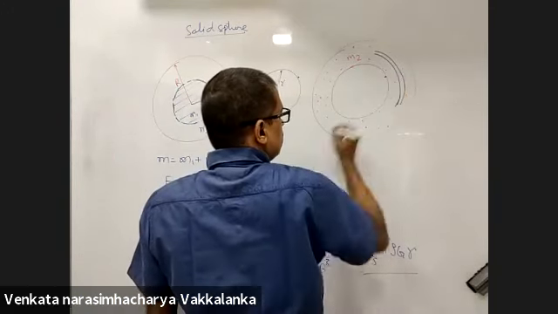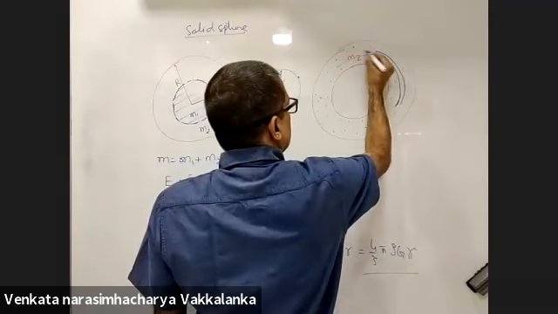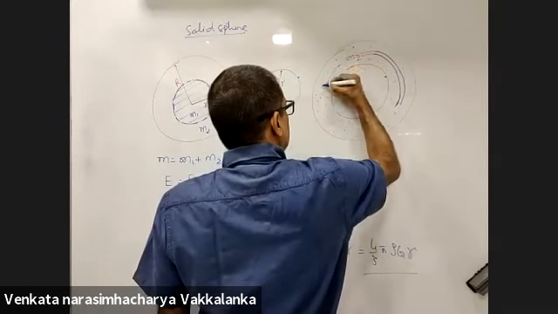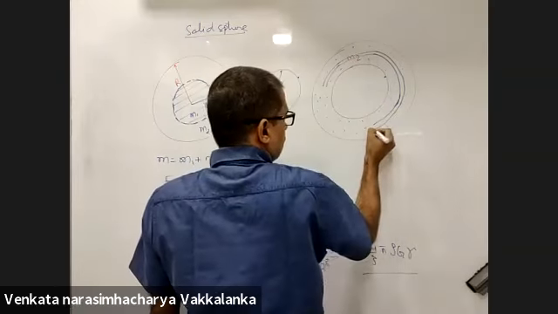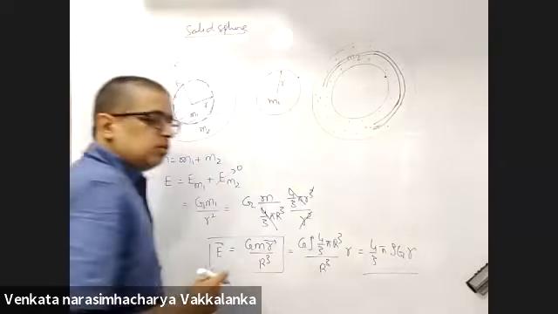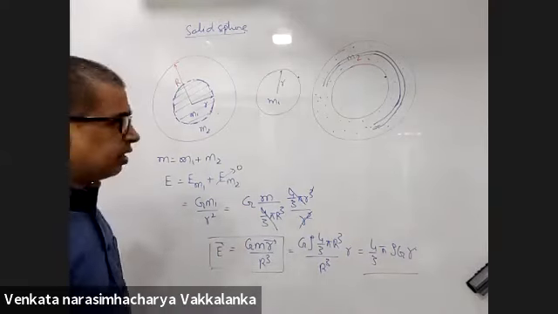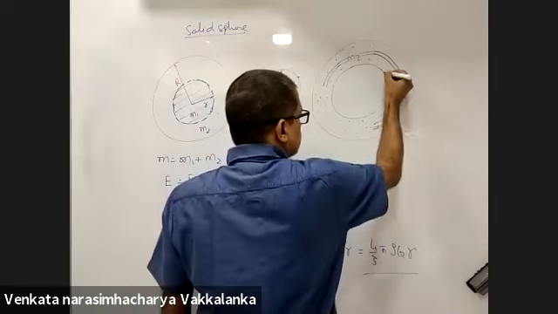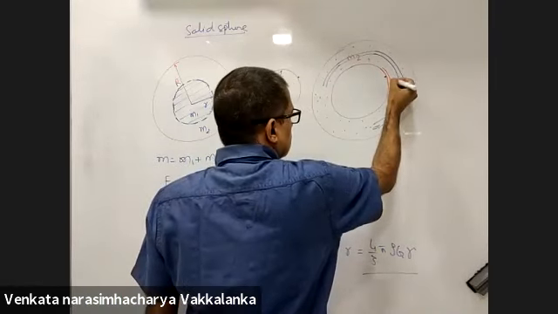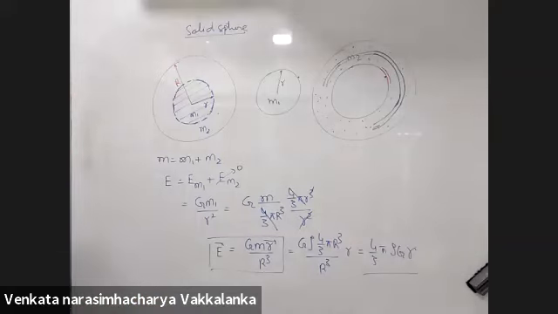Each shell will give me 0 field inside. Add up all the zeros. What about the shell in M2 of the least radius, just after the point? The point is just inside, it's not on the surface. Just inside it will be 0. Yes, sir.